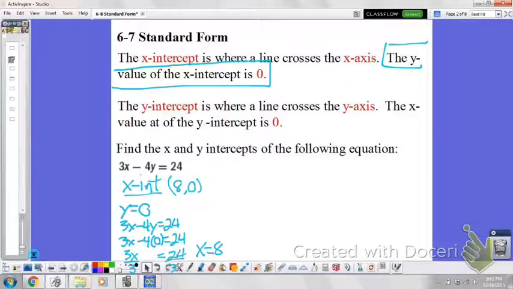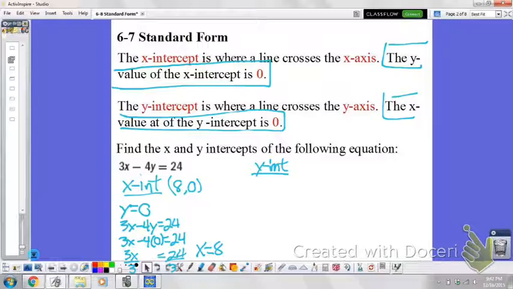To find my y-intercept, I'm going to do something very similar. I'm going to use the fact that the x value at the y-intercept is 0. And remember, the x value is 0 because to get to my y-intercept, since it is on the y-axis, I have to go over 0, then up a y value.